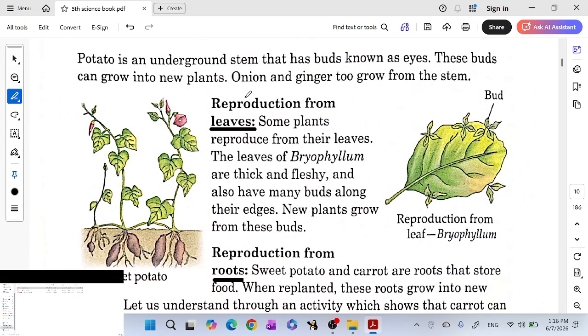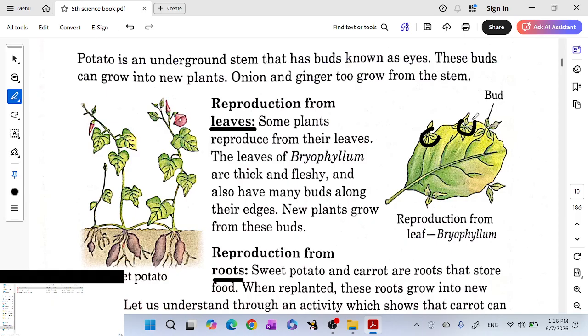Next, reproduction from leaves. Not only from the stem and seeds, reproduction happens with leaves also. How? Some plants reproduce from their leaves. The leaves of bryophyllum are thick and fleshy. See this leaf: the leaves are very thick and fleshy and also have many buds.